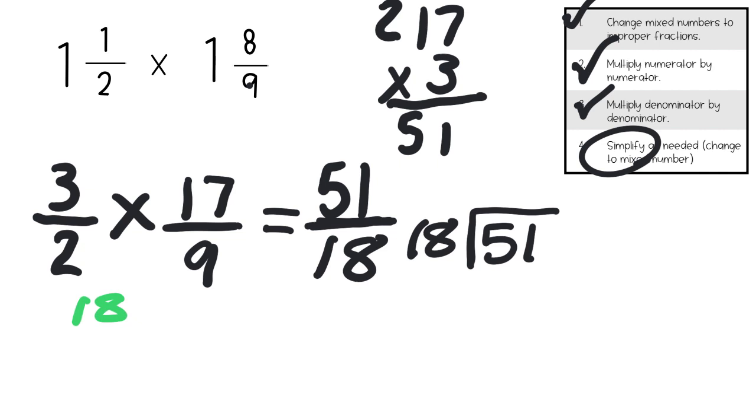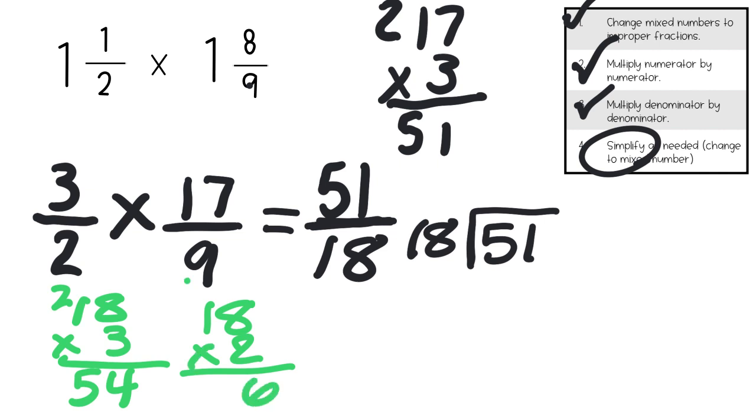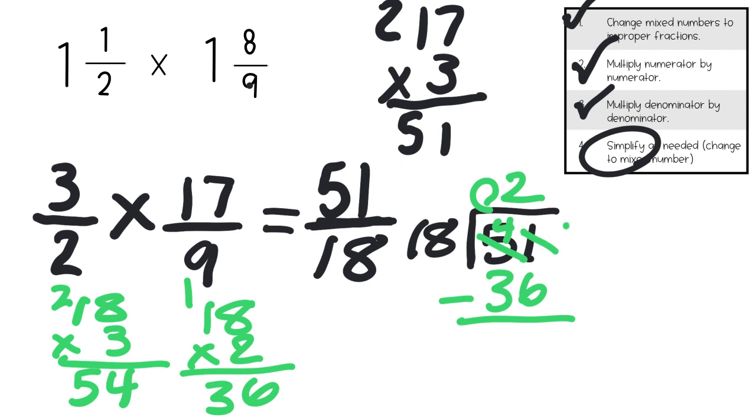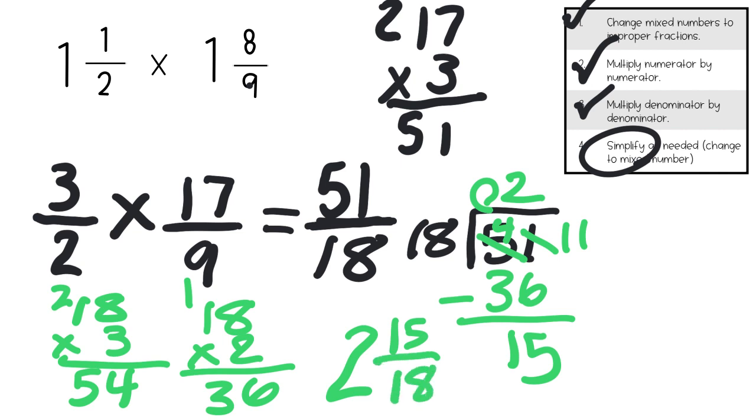Let's see, 18 times, let's try 3. 8 times 3 is 24. 3, 4, 5, 54, too high. 18 times 2, 36. 51 minus 36 is 15. So we end up with 2 and 15 18ths.